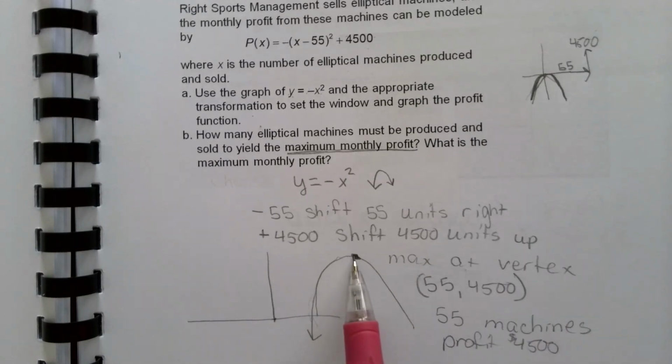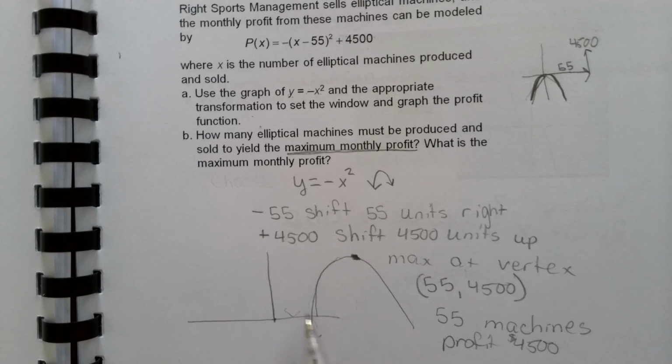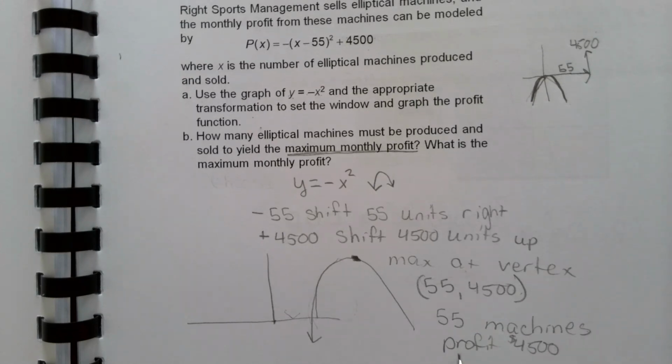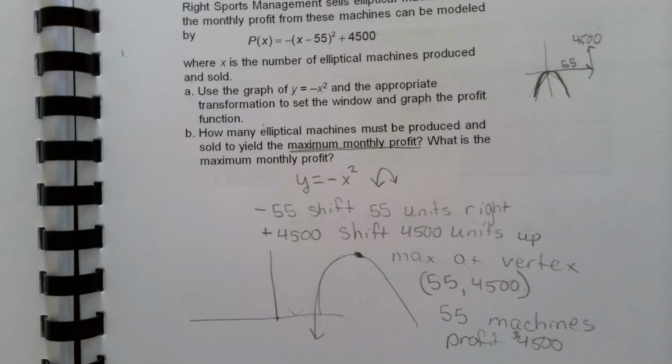My vertex in this case is when x equals 55. And when x equals 55, my y is 4,500. So the most profit will be made when 55 machines are produced and sold, and it will result in a profit of 4,500.